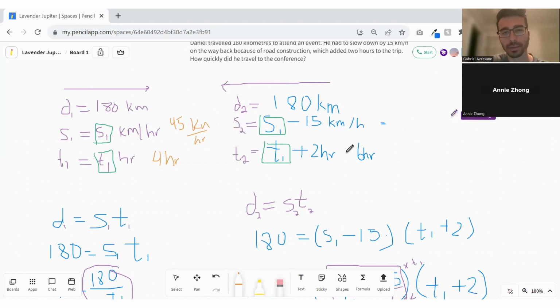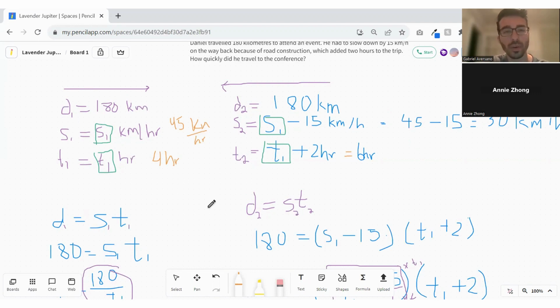So I would have 45, take away 15, giving me 30. 30, yeah. So 30 kilometers an hour times 6 hours gives you the 180 kilometers. 45 kilometers an hour times 4 hours also gives you 180 kilometers.